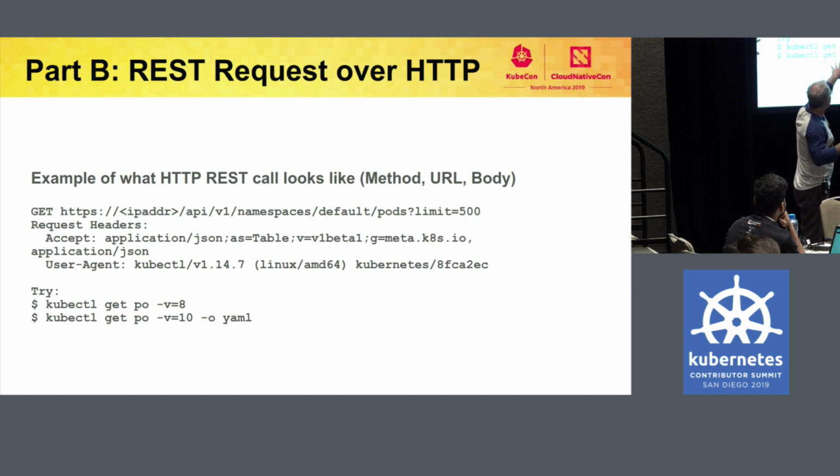This here is actually asking for all the pods. This is a kubectl get po, or get pods, and this is what it maps to. There are particular request headers and a user agent. If you do this, you can actually see these commands at this level. This is the lowest level of talking to the API server.